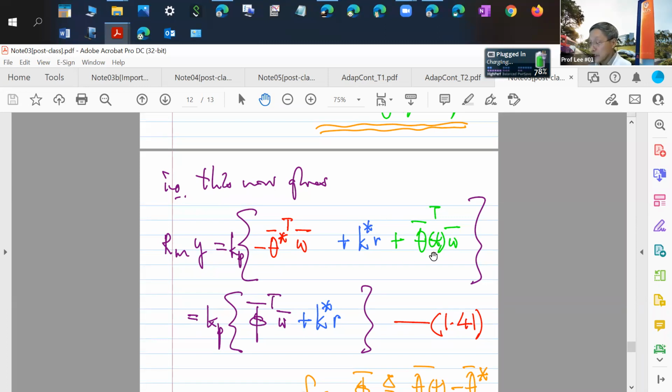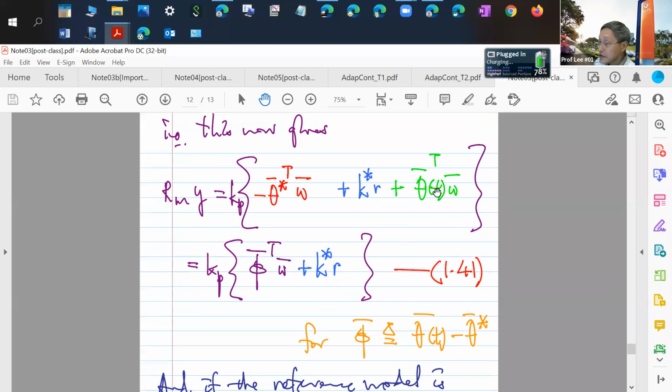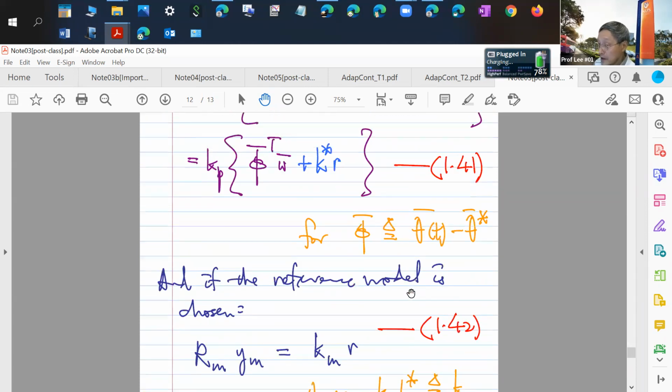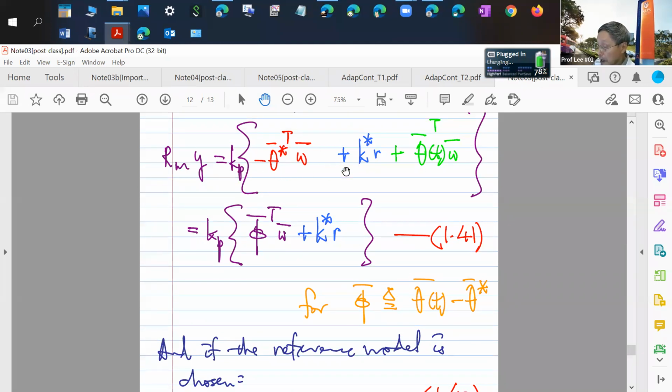Noting this, if you rearrange that, you can see that there's theta bar star and theta bar. You can collect them together and put a phi down there, then the k star r down there, and you can rearrange that. So this is from your perfect control law, and this part is the perfect control law.